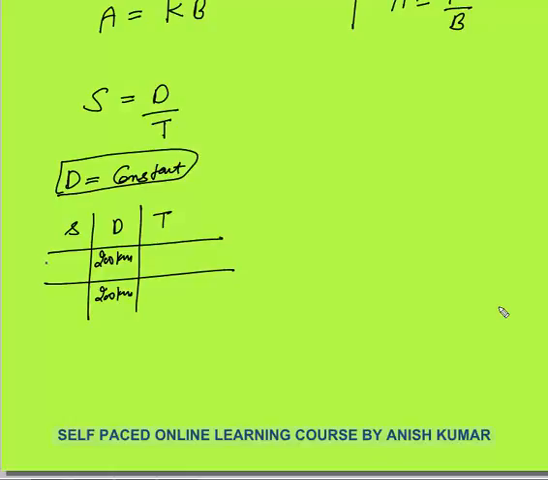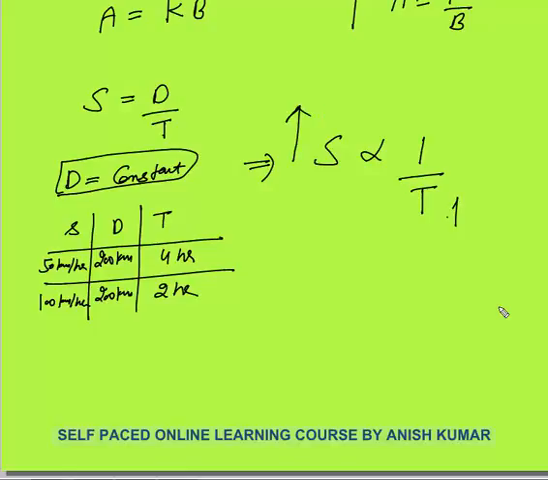If the speed is 50 kilometers per hour, the time would be 4 hours. If the speed is 100 kilometers per hour, the time would be 2 hours. Now you can see that as I am increasing the speed, the time is getting less. So I can say that from here, speed is inversely proportional to time. If you increase speed, the time will decrease, and vice versa. That is the meaning of inverse variation.